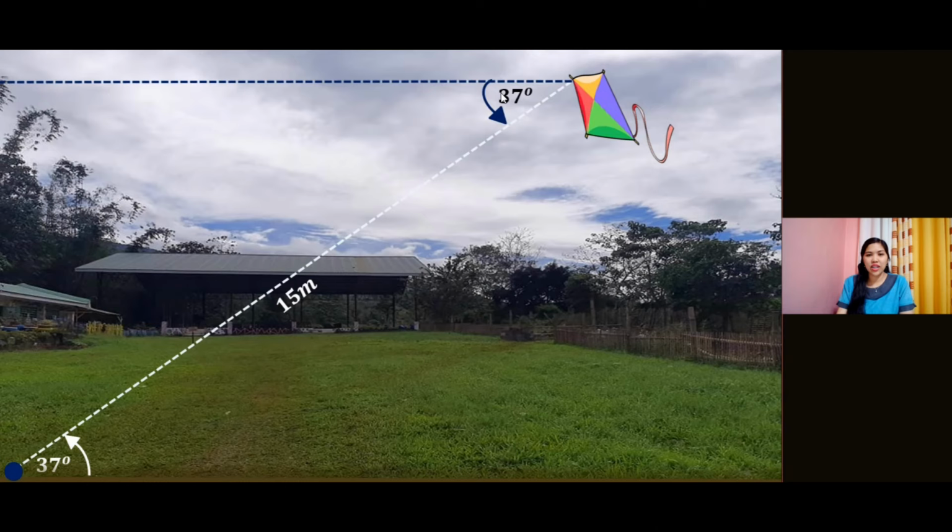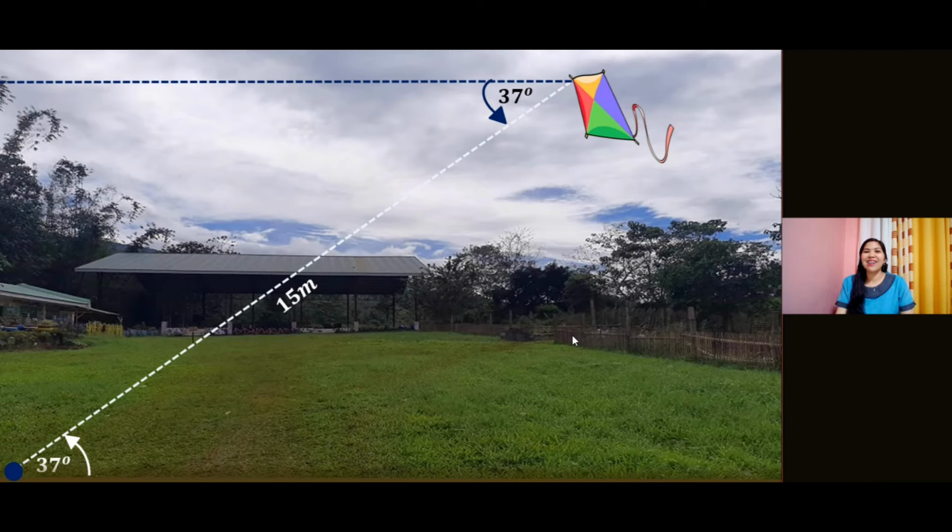And accordingly, that's 37 degrees. And then the string of your kite is 15 meters. And then this angle here from the ground is still 37 degrees. Now, which is your angle of elevation, angle of depression, and the segment that represents your line of sight?